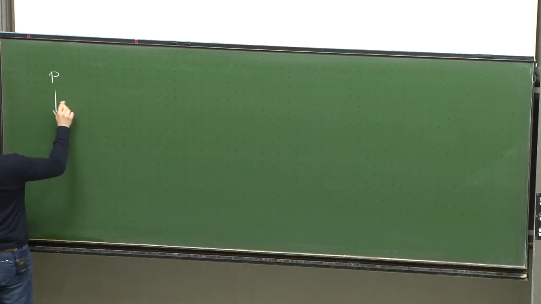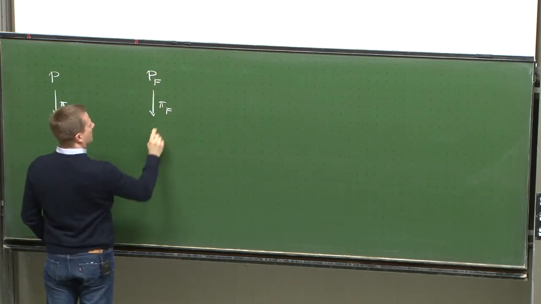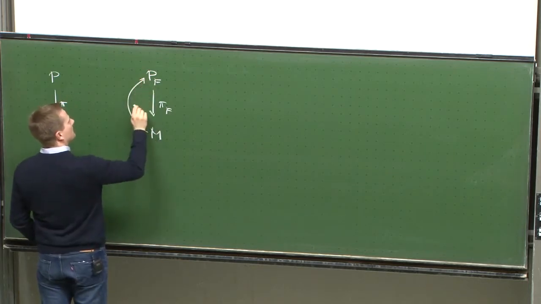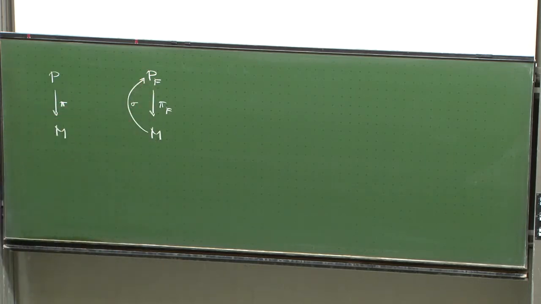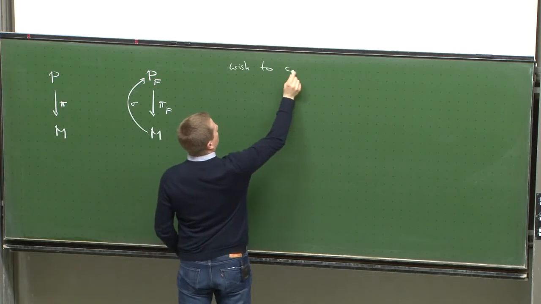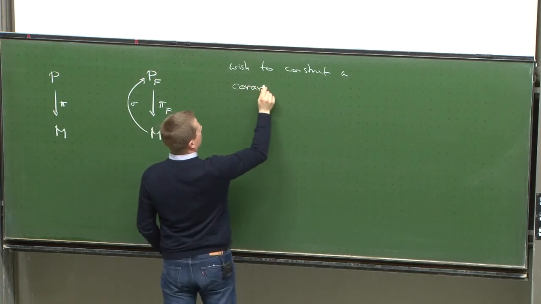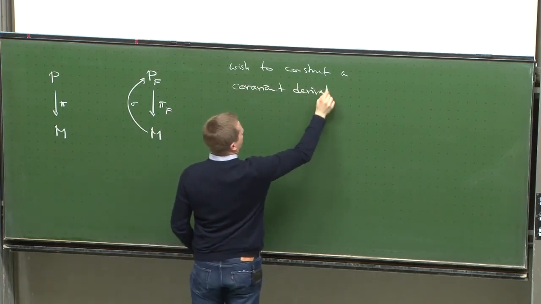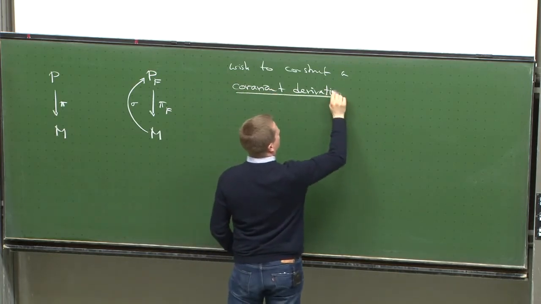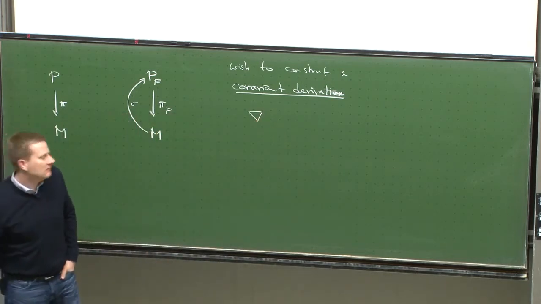All right, so equipped with this shiny new tool, we can now set about the construction of the covariant derivative of some section sigma that lives here on the associated bundle. So we wish to construct a covariant derivative, and this covariant derivative will be denoted by some nabla.